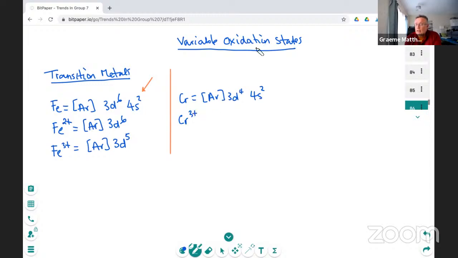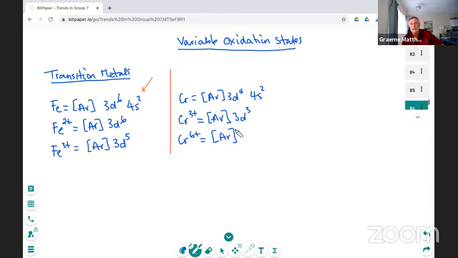Where do these variable oxidation states come from? They come from the fact that you're just picking off valence electrons. You could have chromium 2+, yes. One that is stable is chromium 3+, which is argon 3d3. Another stable one is chromium 6+, which is just going to be argon.